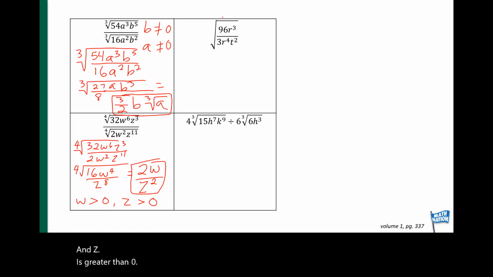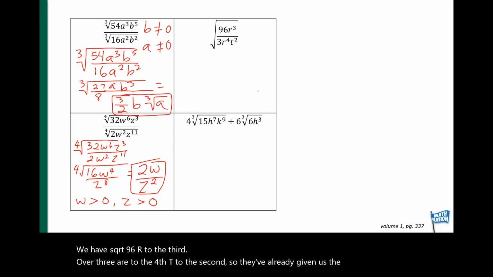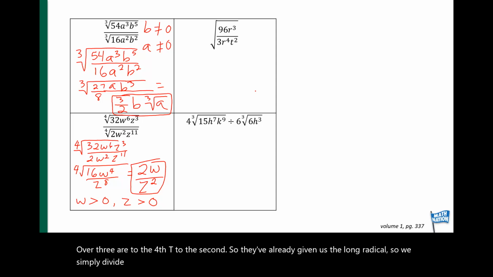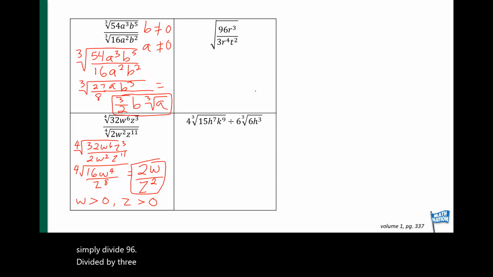Let's go to the third example. We have the square root of 96 r to the 3rd over 3 r to the 4th t to the 2nd. So they've already given us the long radical. So we simply divide 96 divided by 3, which gives us 32.